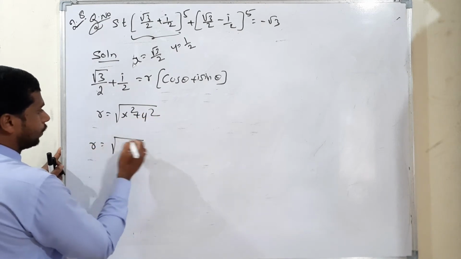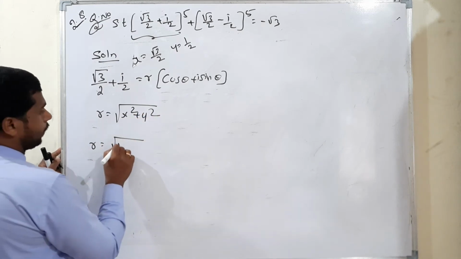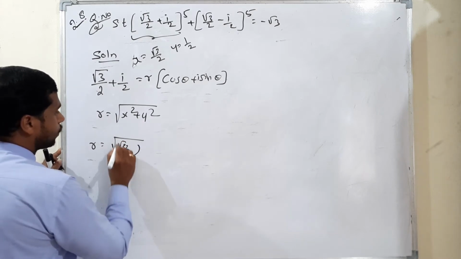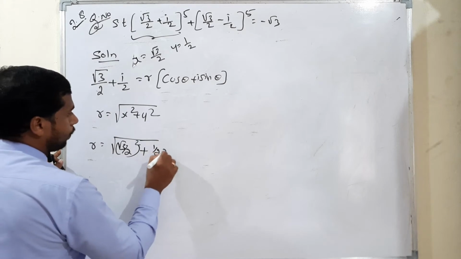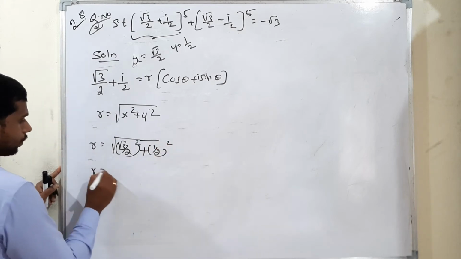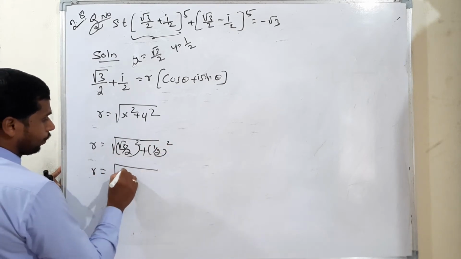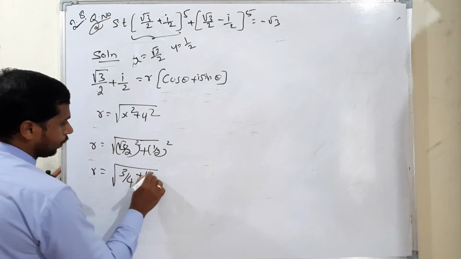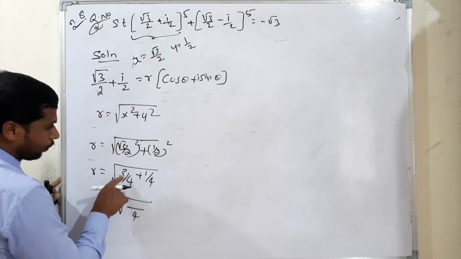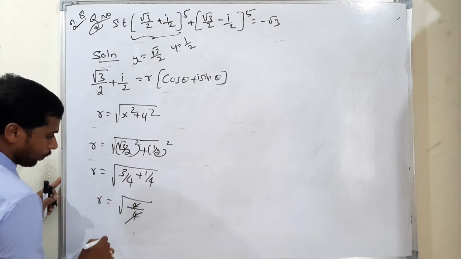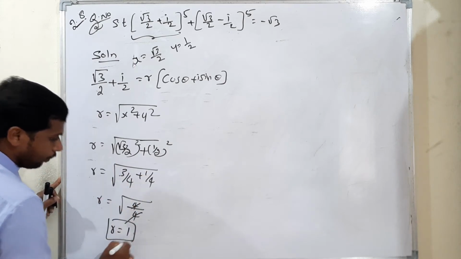So r is equal to (root 3 by 2) the whole square plus (1 by 2) the whole square. So r is equal to 3 by 4 plus 1 by 4. With common denominator 4, 3 plus 1 is equal to 4. So 4 cancels, therefore the r value will be 1.